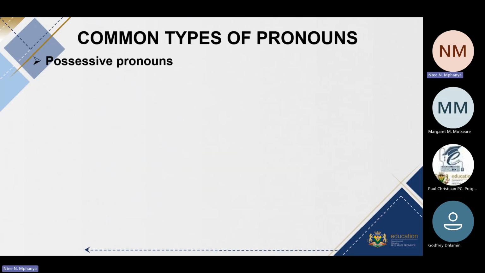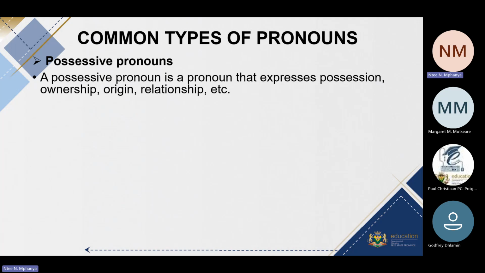There are common types of pronouns. We are not going to do all of them, but we'll focus on those common ones that you will come across during your formal or informal assessments. The first one will be your possessive pronouns.